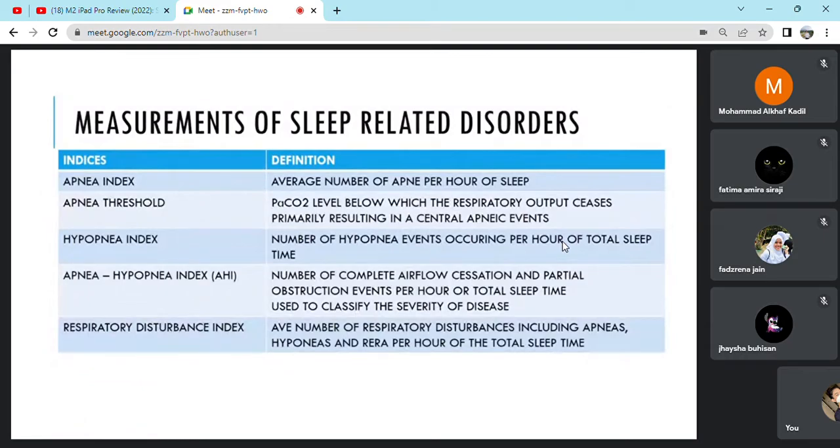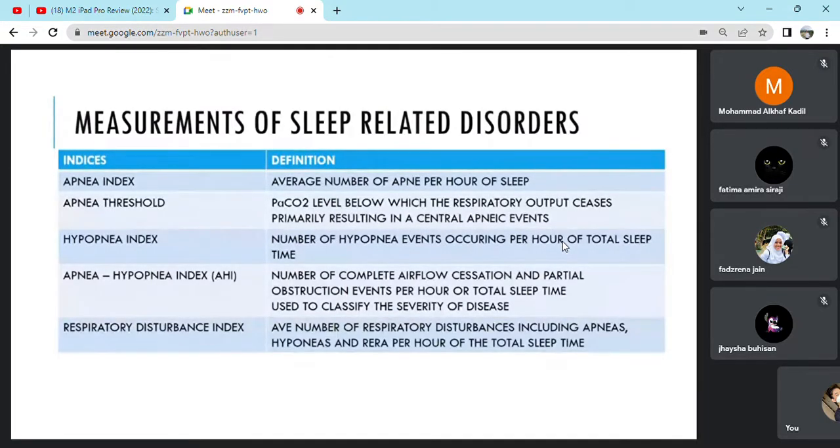Okay? So one is your apnea index. What is your apnea index? It's actually the average number of apnea per hour of sleep. So when you talk about a 10 apnea index, ibig sabihin nun, that is actually the average number of apnea that happens within 1 hour of sleep that is recorded.